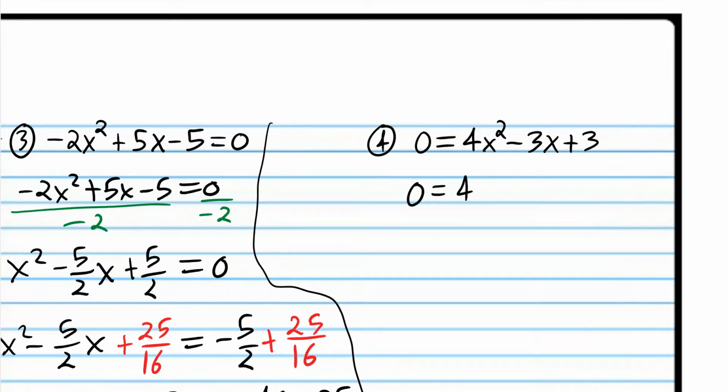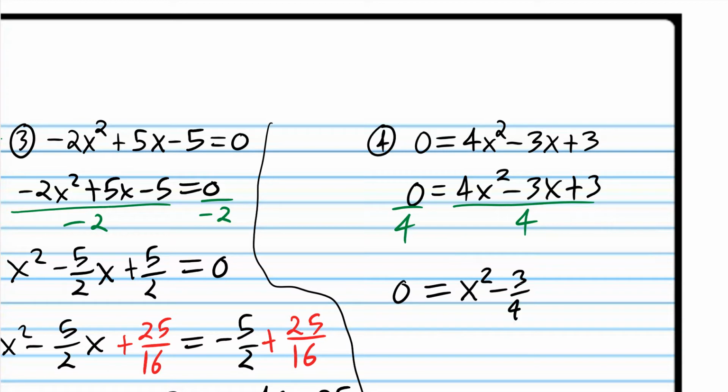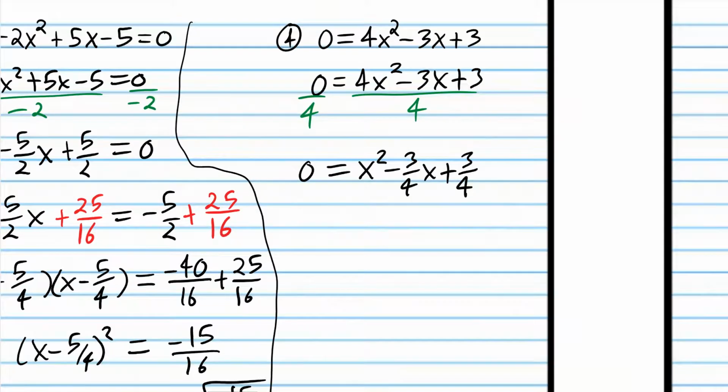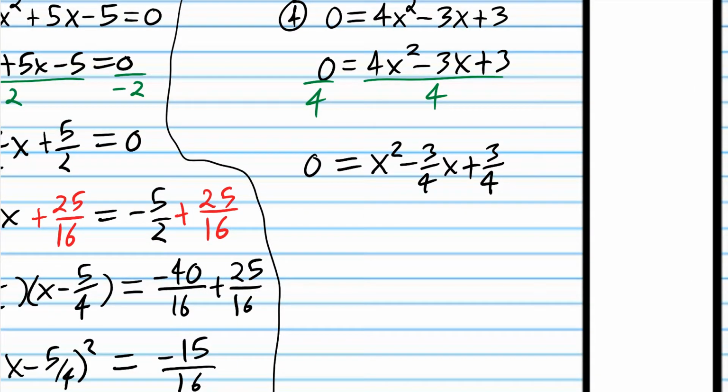So first step, as usual, get rid of the coefficient of x squared. And we're going to put the 3/4 on the other side.